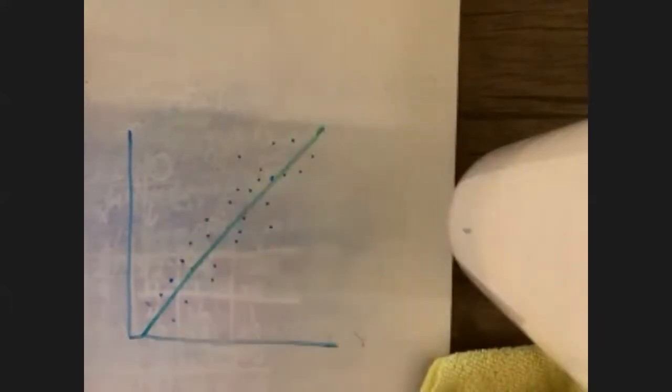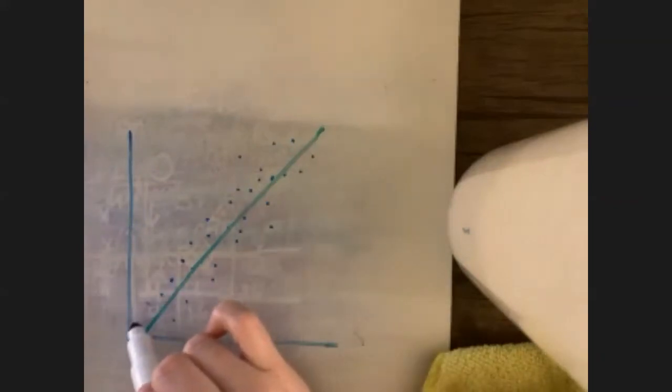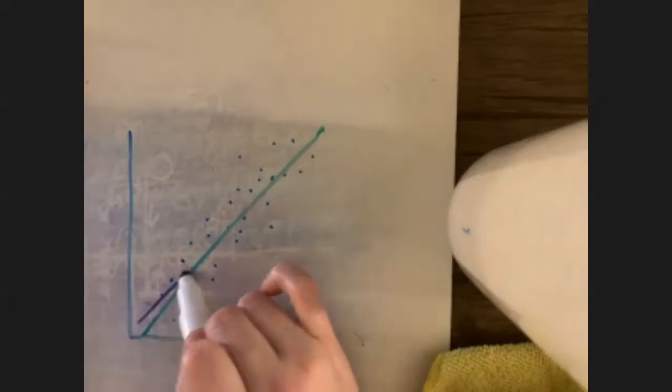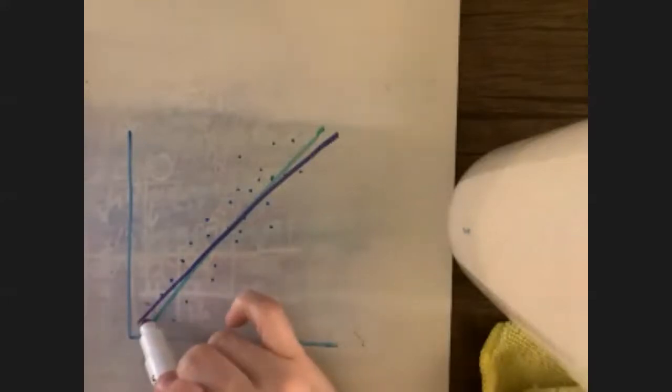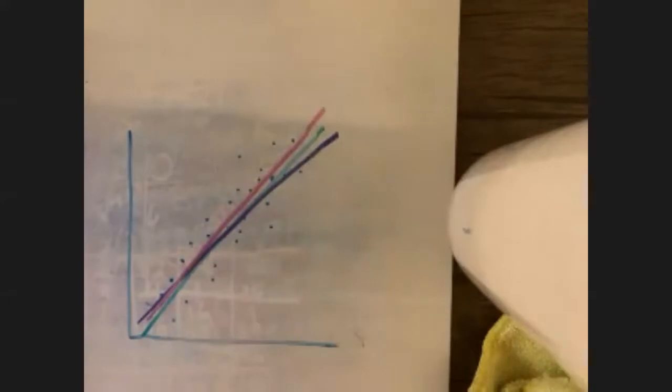Okay, so I've got this data set. Now, one person may think that that green line is the best line that could be done. Now someone else may come through and go, I don't think it's that one. I think that line should go a little more like that. And someone else still may come in and go, no, I think this line should go there.